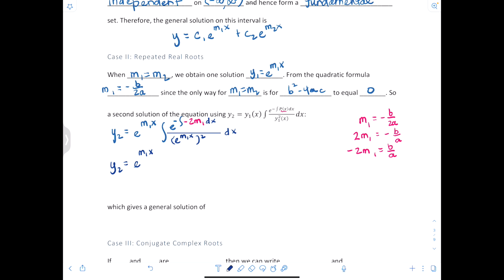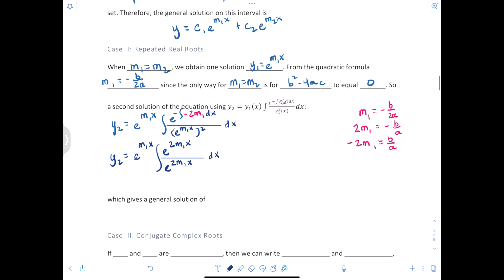And then times the integral of e to the positive 2m1 times x after the integration, and the negatives get rid of each other, they turn positive, and then that is going to be over e to the 2 times m1 times x, right, from laws of exponents, with respect to x.